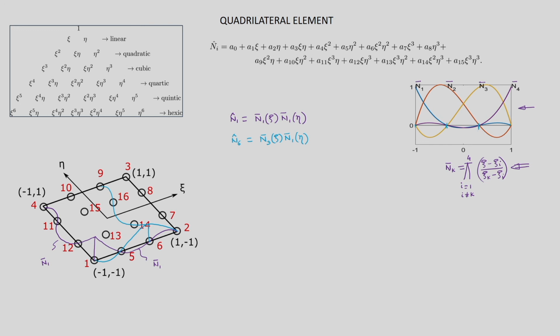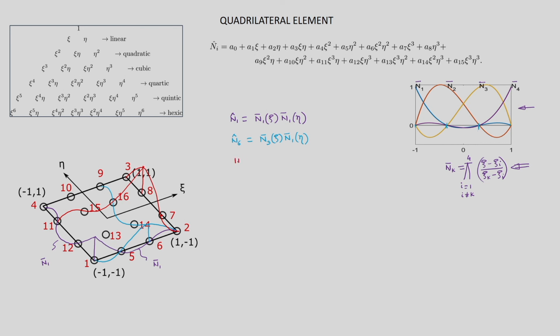Now, once we have that, let us take another example, say n8. How can we construct n8? n8 is 1 at this point, so varying like this. So, it is 0 here and 0 here, alright, but how does it vary with xi? It varies like this in xi direction. So, as we can see, this is basically the last shape function in xi and the third shape function in eta direction.